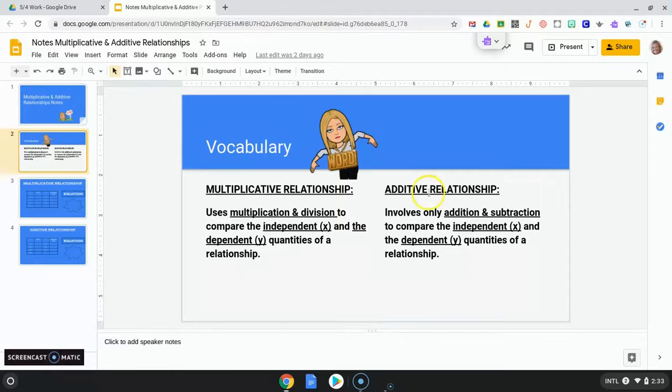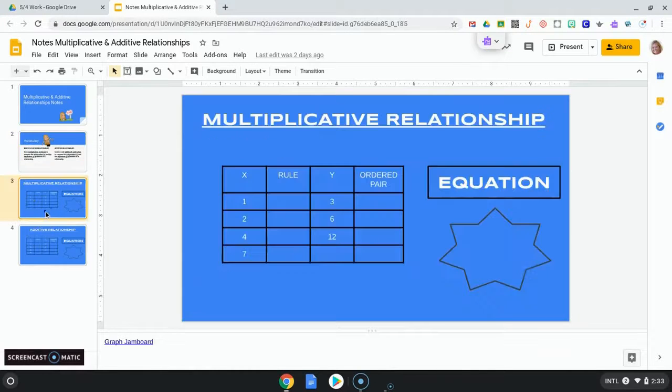You see the word additive has the word add, and multiplicative looks like multiply. The two operations that go with multiplicative are multiplication and division, and the two operations that go with grouping or counting are addition and subtraction, to compare the independent X and dependent Y quantities of the relationship. So that's just the definitions of those two things.